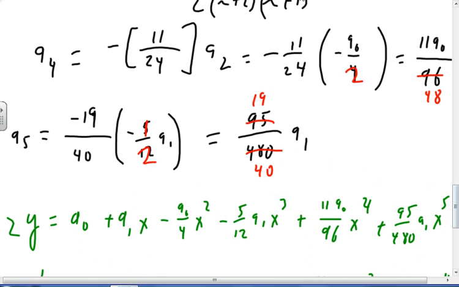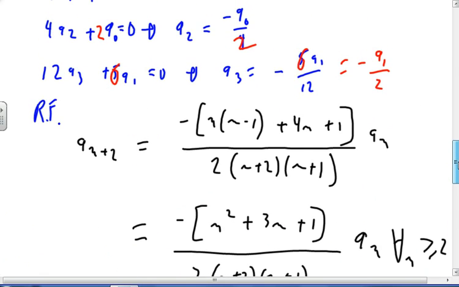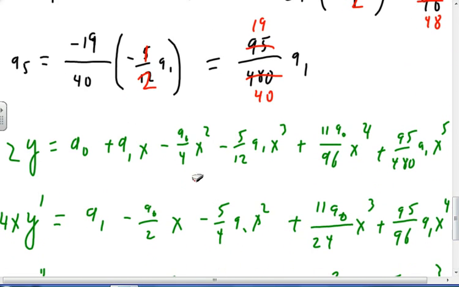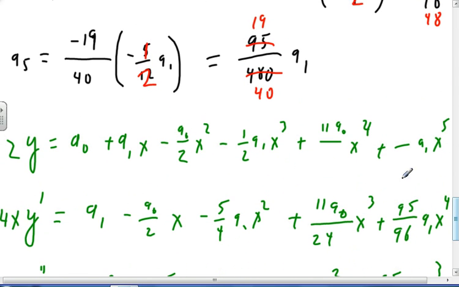Okay, take our eraser. Are we erasing everything? Pretty much. So this goes away, that goes away, that goes away, this goes away. Okay, so I've got A0 over 2, A1 over 2, 11 over 48, and 19 over 40.